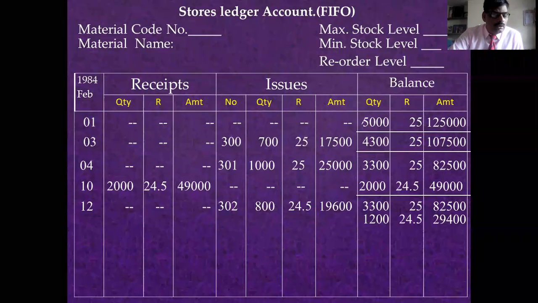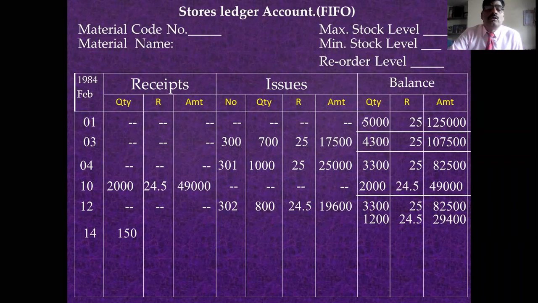Then 14th is the date. There is a return of surplus material from job number 300. Return is there in the receipt column. You record. This was to be taken as per the given instruction. This is related with job number 300.